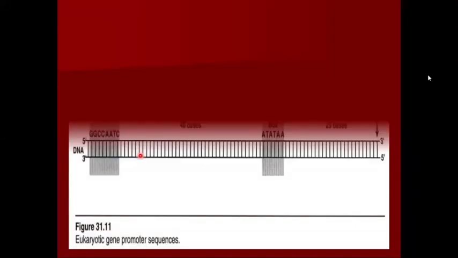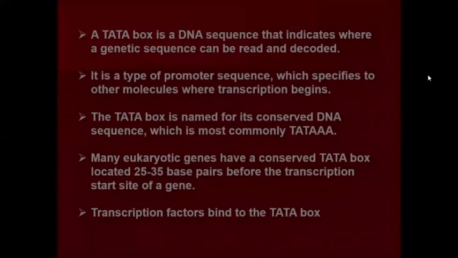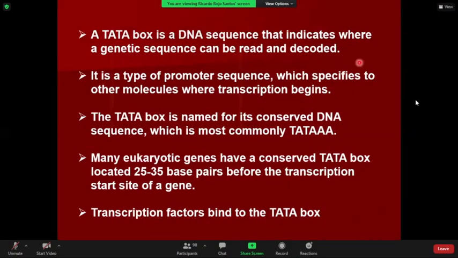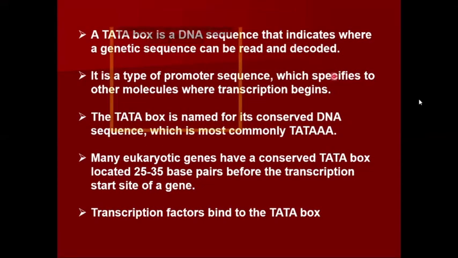So again, like the Pribnow box, the TATAAT box is a DNA sequence that indicates where the genetic sequence can be read and decoded. The transcription start site. Okay? It is a type of promoter sequence, like your Pribnow box. Okay? It is located 25 to 35 base pairs from the transcription start site.